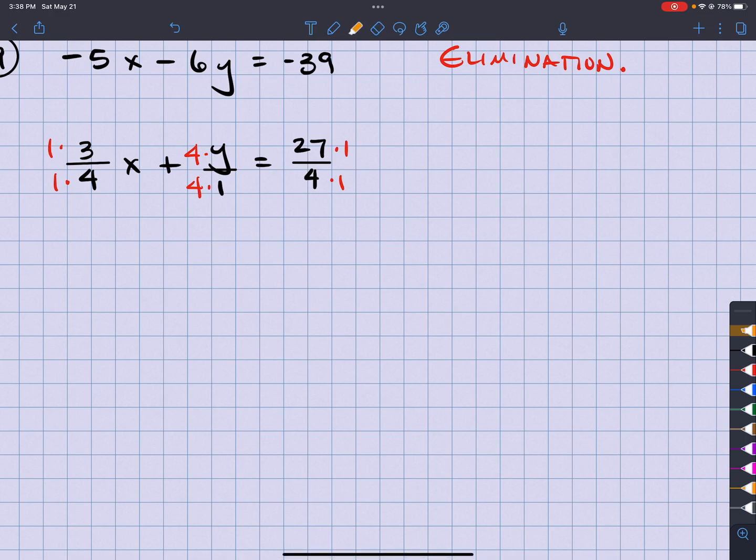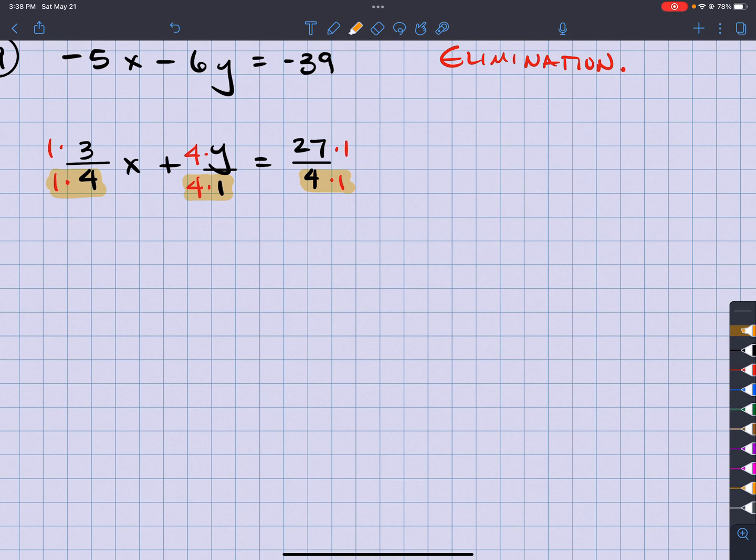What I want to check on is to make sure that all my denominators have the same thing. 4 times 1, 4 times 1, and 4 times 1, which means that each of the denominators has 4.